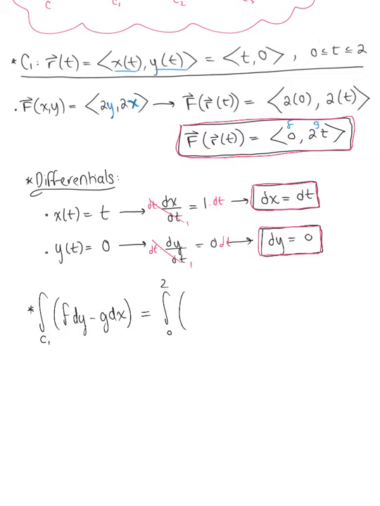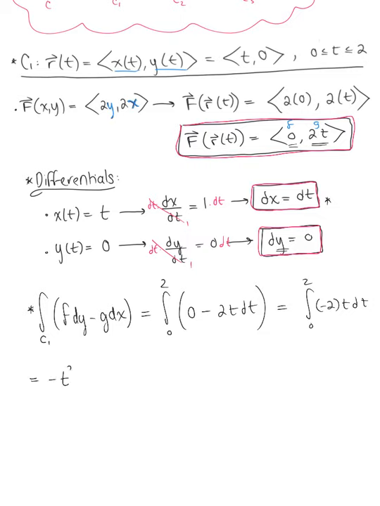And plugging in what we just found, we have our f coordinate is 0, multiplied by dy, which is also 0, minus g, which we found to be 2t, multiplied by dx, which is dt. So this is the integral from 0 to 2 of negative 2t dt.